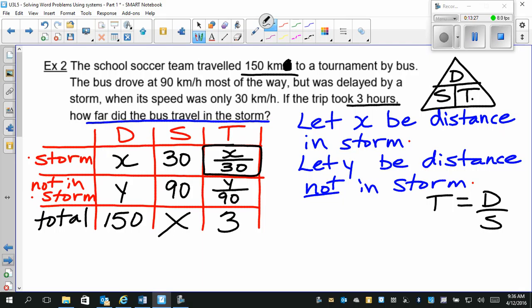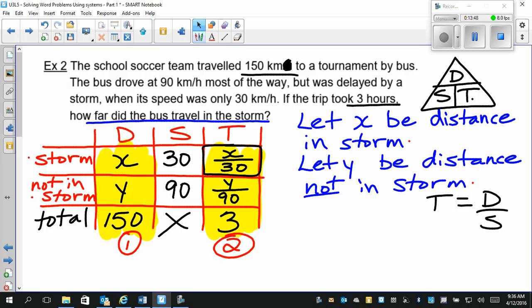So just like we talked about before, we've got one equation here, and we've got one equation here. So I've got equation 1 and equation 2. Okay, so I'll use my information in my table to write my two equations.